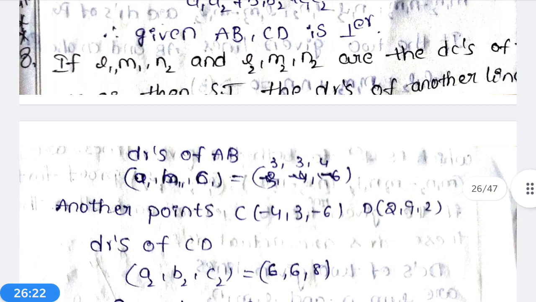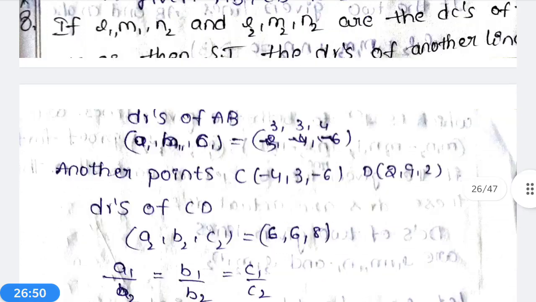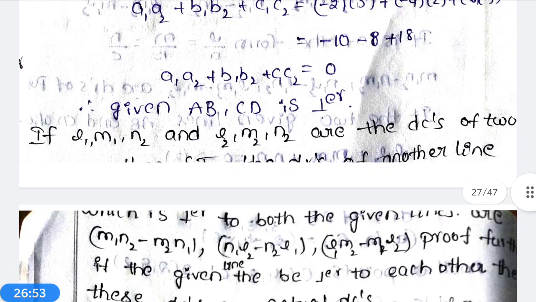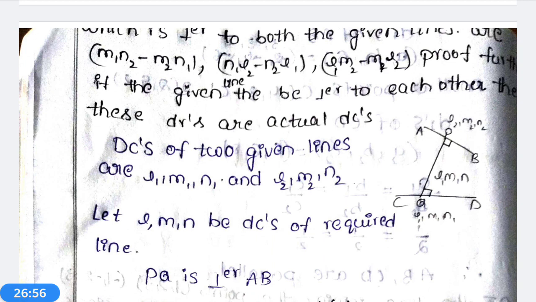Next problem, very very important problem. If L1 M1 N1 and L2 M2 N2 are the DCs of two lines, then show that the DRs of another line which is perpendicular to both the given lines are M1 N2 minus M2 N1, N1 L2 minus N2 L1, L1 M2 minus L2 M1.